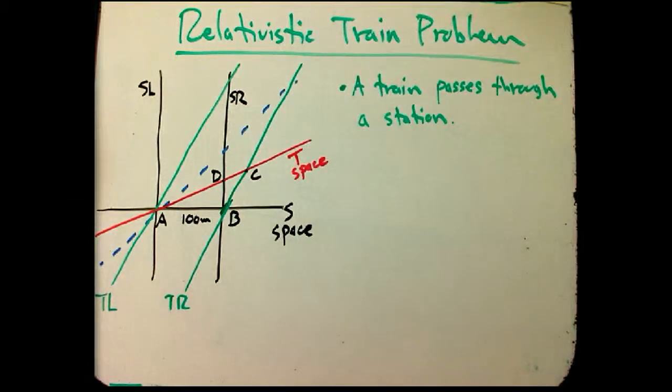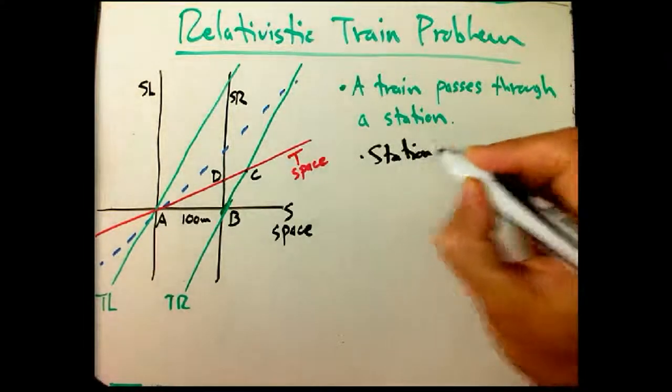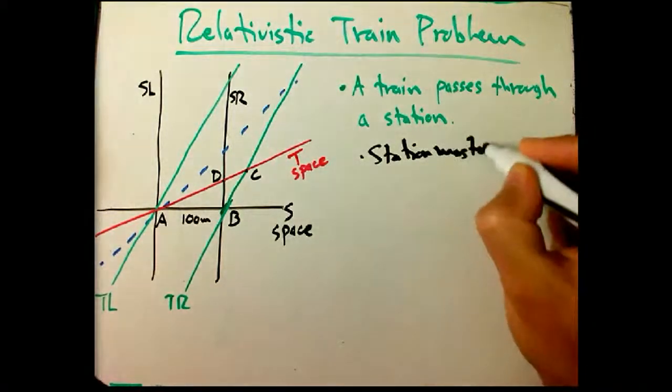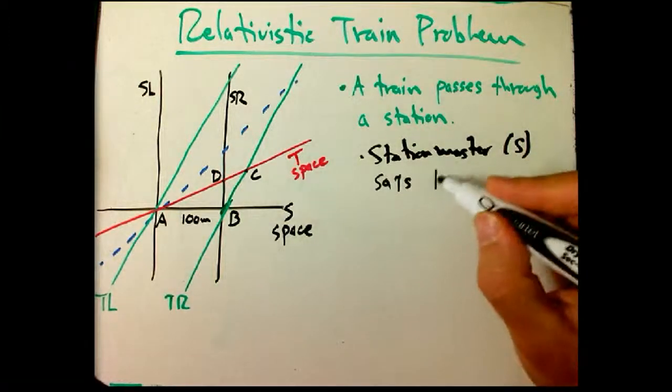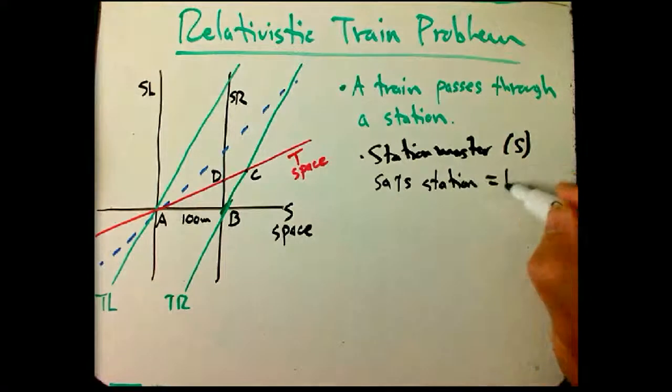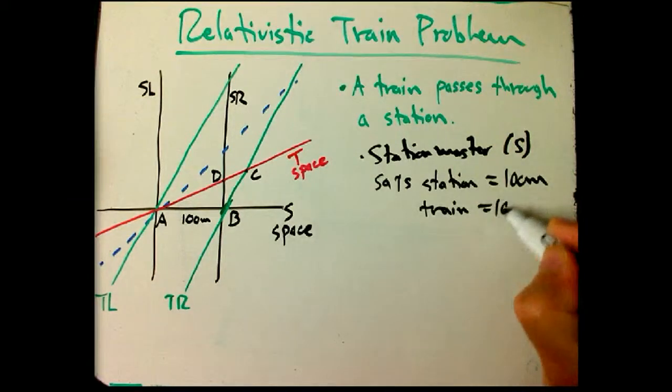Okay, so here's the interesting fact that the station master, I'm just going to abbreviate that as S, he says that the station has length 100 meters and the train has length 100 meters.